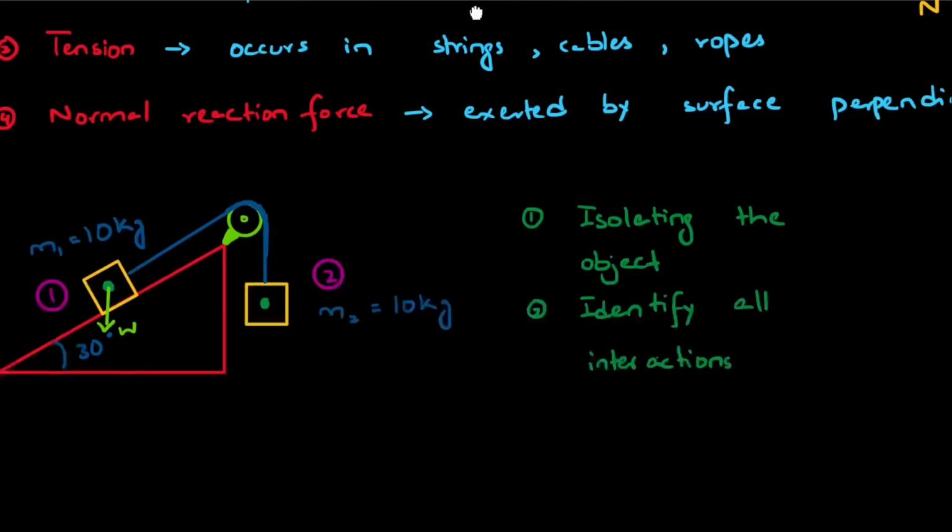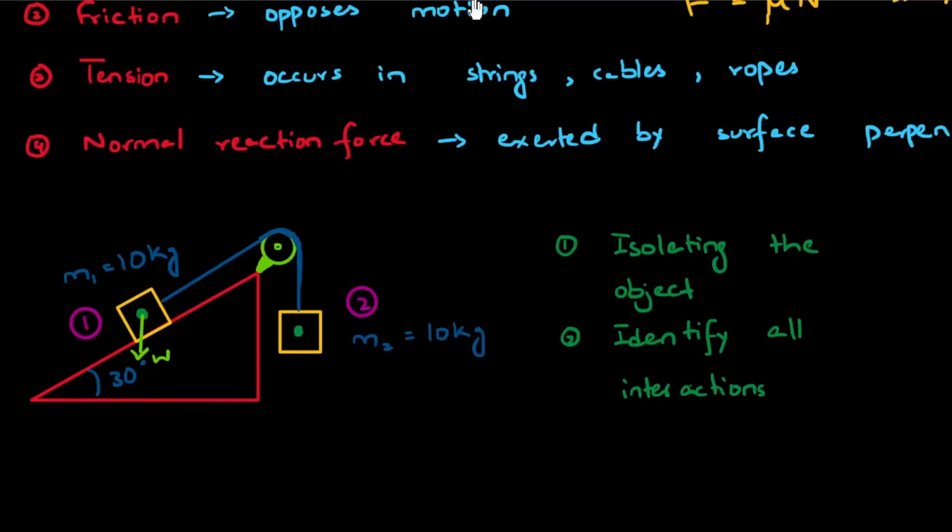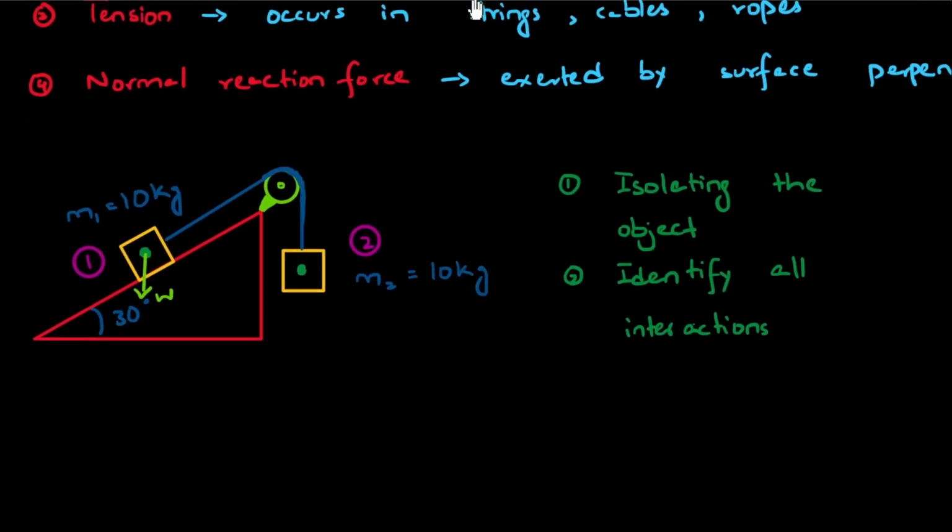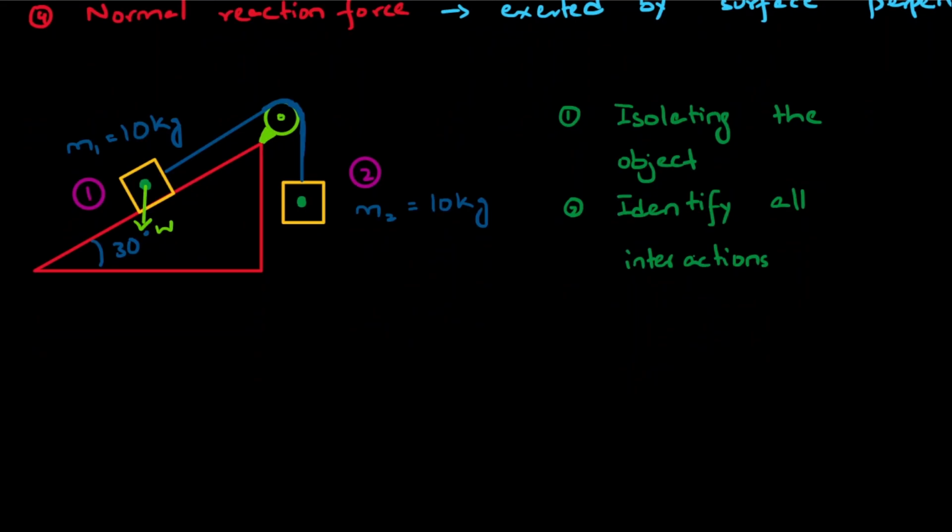Now, normal reaction force, as discussed earlier, is exerted by the surface perpendicular to the surface itself. So the normal reaction force will be like this, acting perpendicular to the surface, like that. So the purple arrow represents the normal reaction force, and I'll represent it with a capital N.